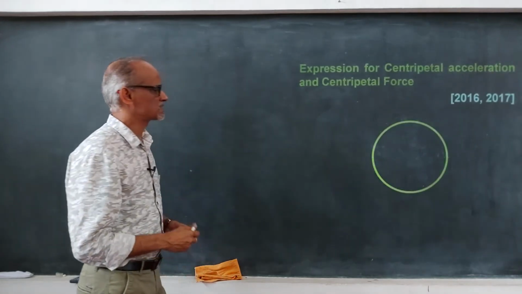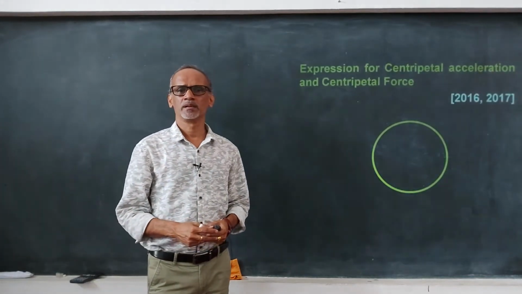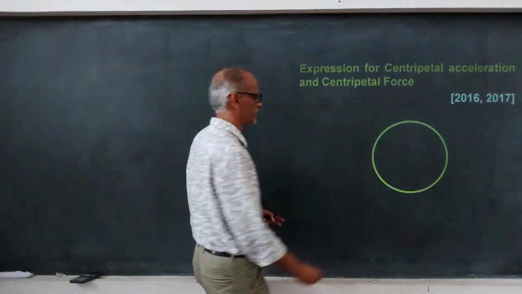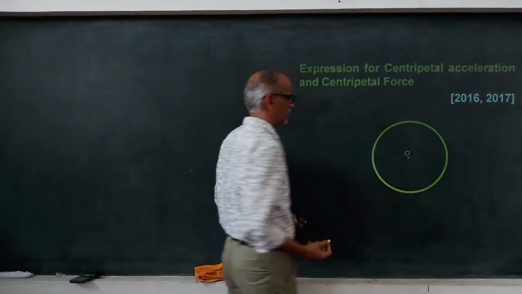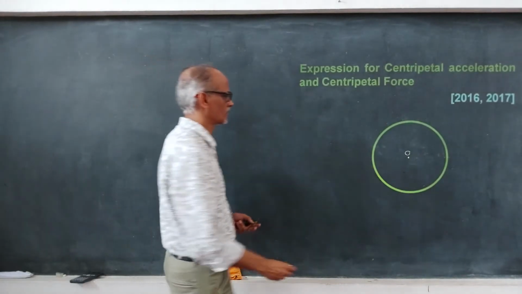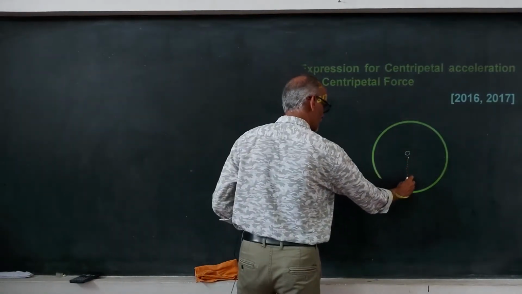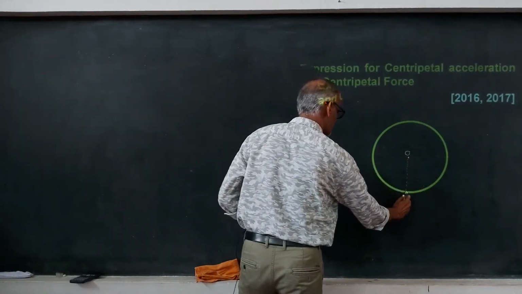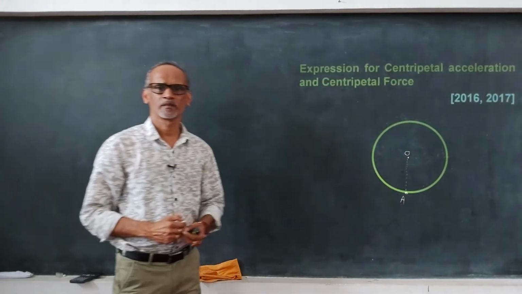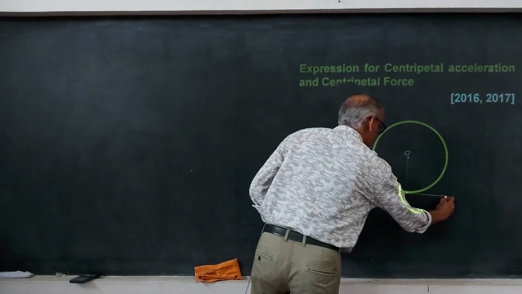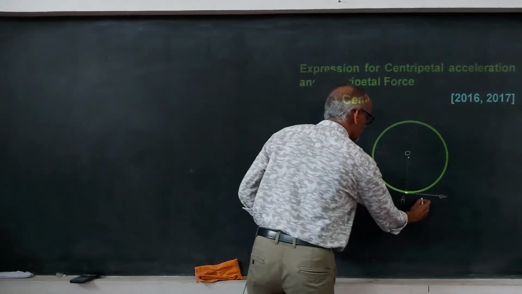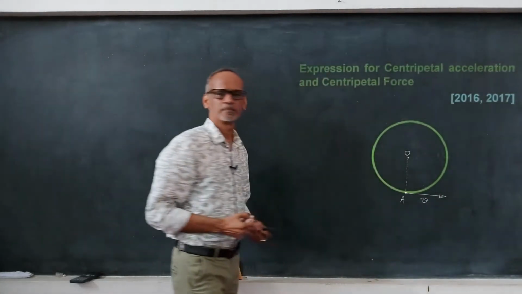For that, I am going to consider first a body moving in a circular path. Let O here be the center. This is the initial position of it, which is A. At that point A, its velocity is always tangential, which I am going to consider v.